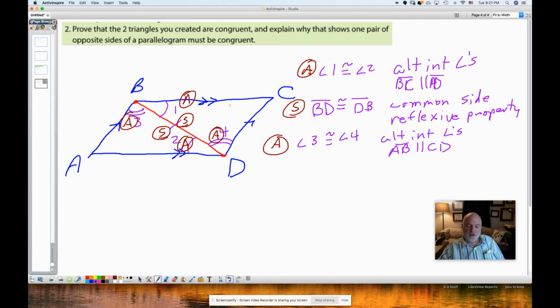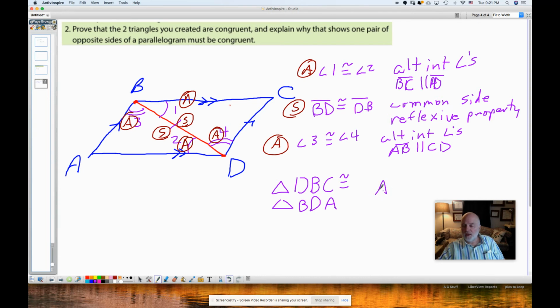So at this point, I can go into my proof, and I can say, well, triangle, let's see, this is 2 ticks, 1 tick, no ticks. So I could say triangle DBC is congruent to triangle, 2 ticks, 1 tick, no tick, that's BDA. And what's my reason for that?